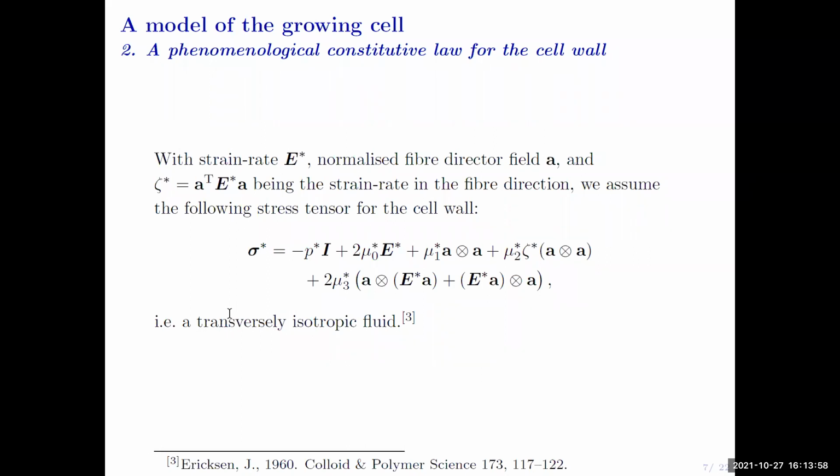They're all the same thing. The whole thing is a transversely isotropic fluid in the sense that at any point in physical space there is a preferred direction, and the fluid has different properties in that direction than in other directions, and that direction is what we think of as the direction of the CMF, the reinforcing fiber.